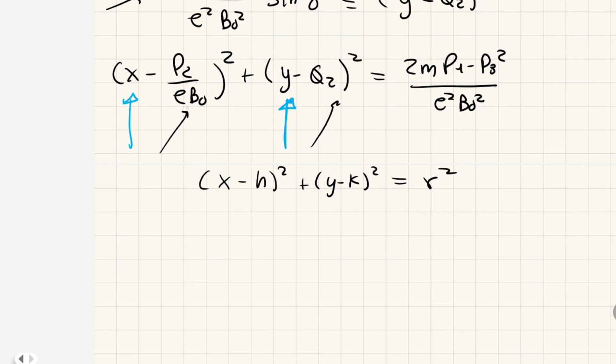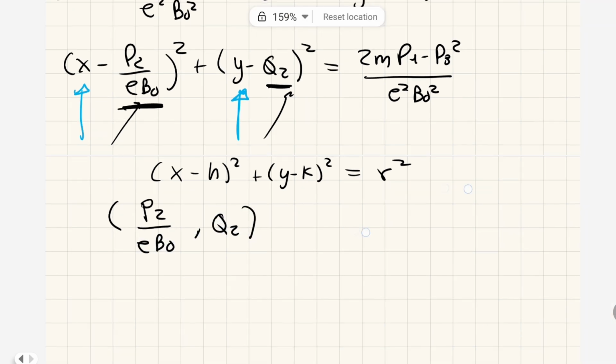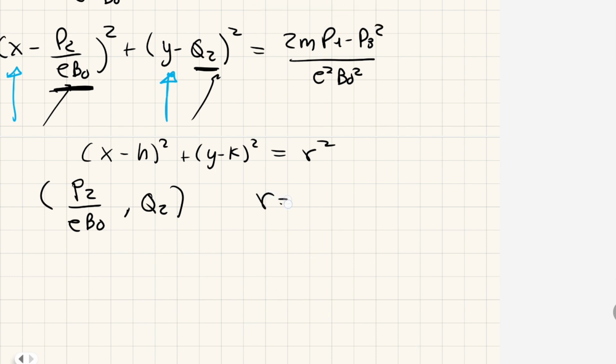So this is telling us that the circumference is located on the center given by these coordinates here and here, right? So the center will be p2 divided by ev0, q2. And the radius will be the square root of (2mp1 minus p3) squared, and then the square root of this, right? But that is going to be just ev0.